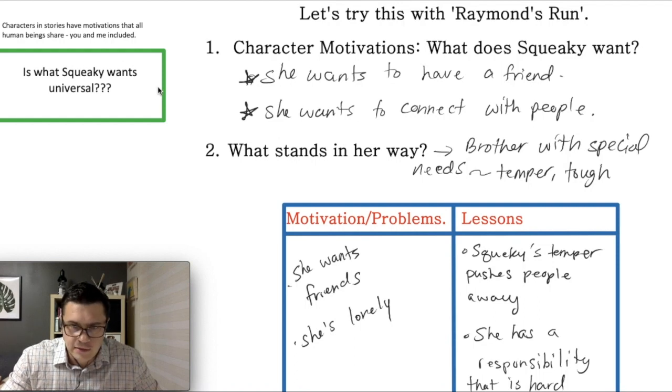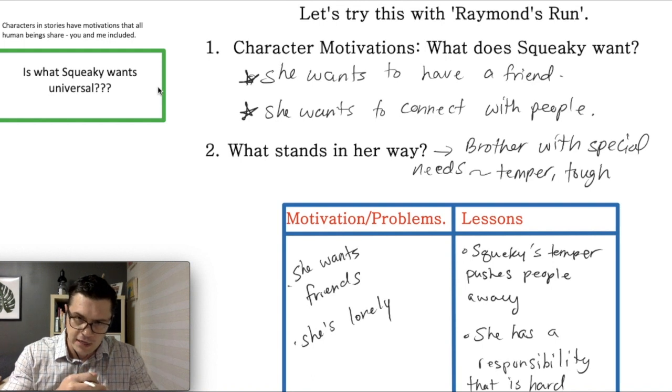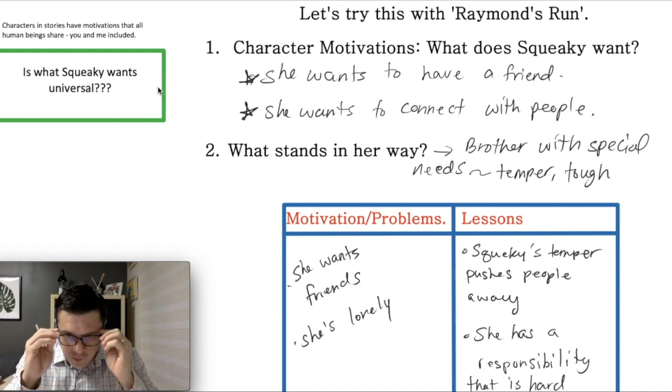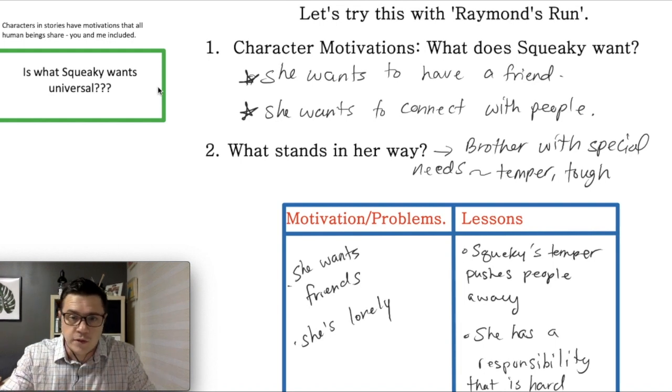And what we'll find in most of the stories we read is that the things that motivate our character motivate all people. So everybody wants friends. Okay, everybody wants to feel like they're doing a good job, that they're a good brother, a good sister, a good friend. So as you read and think more about your books today, you should see a connection between the motivations and desires of your characters and yourself.